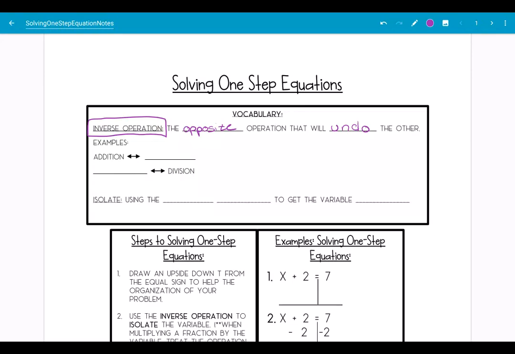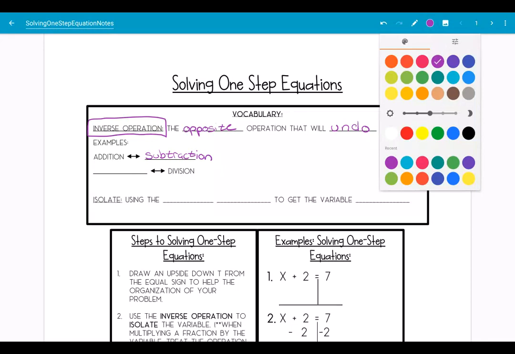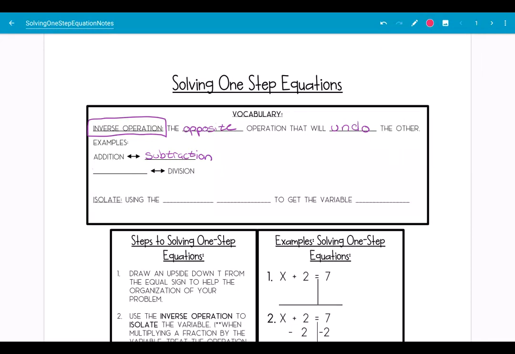For example, addition and subtraction are inverse operations of each other because they undo one another, as well as multiplication and division. We saw this even last chapter in chapter 1, where squaring something and square rooting something were inverse operations.